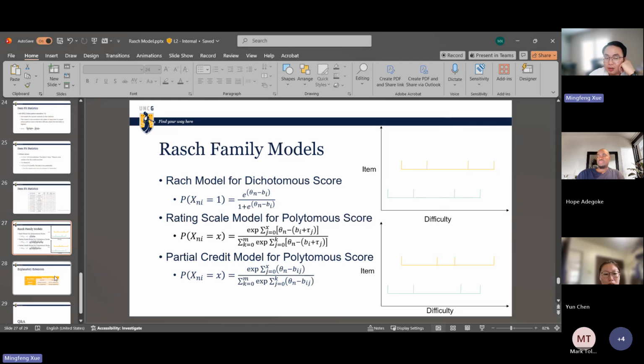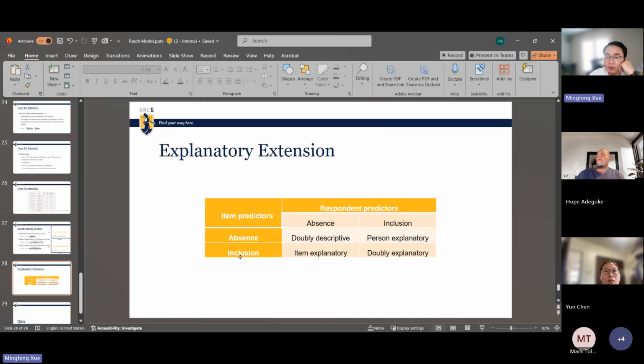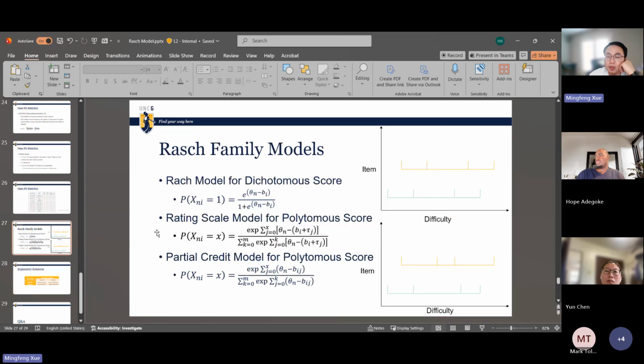Moreover, there are also other useful extensions of the Rasch model, and this is a table that describes the explanatory models. If you go back to the Rasch model, you can see we have two parameters: latent trait and item difficulty.